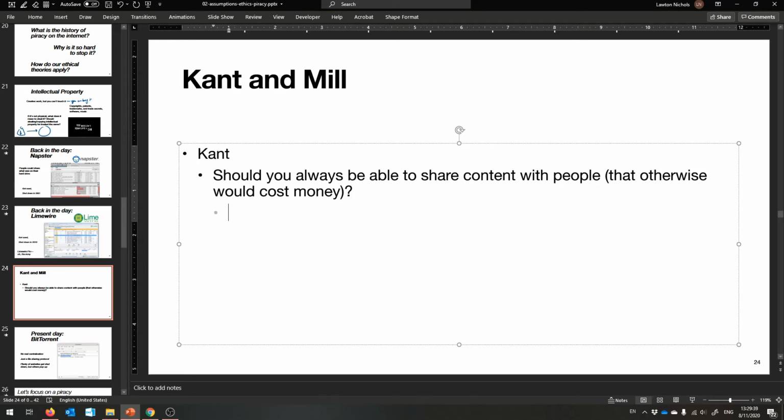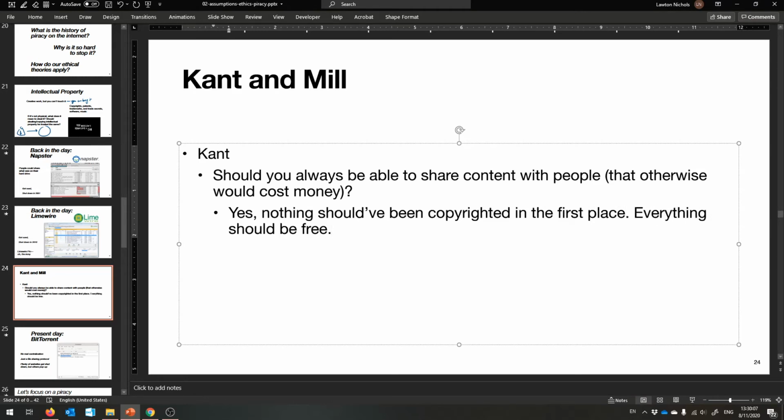I mean, Kant maybe was, I don't know, perhaps he was a communist, for example, and that might be something that he would agree with. Yeah, nothing should have been copyrighted in the first place. Everything should be free.